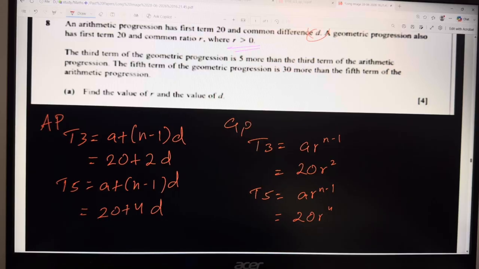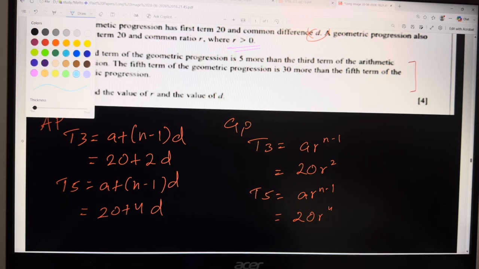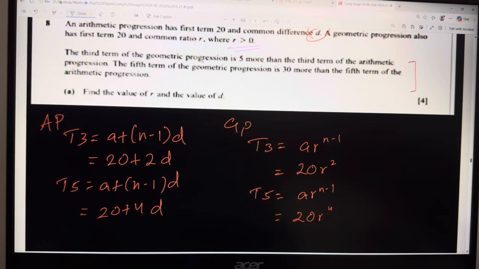Now it says that the third term of a geometric progression is 5 more than the third term of the arithmetic progression. So this statement is quite confusing, but we can break it down. Take this statement right now.